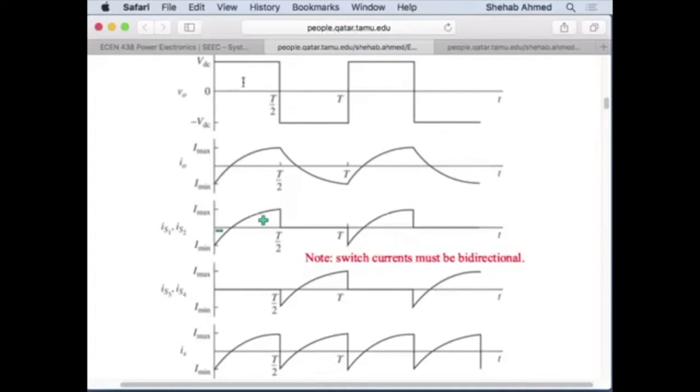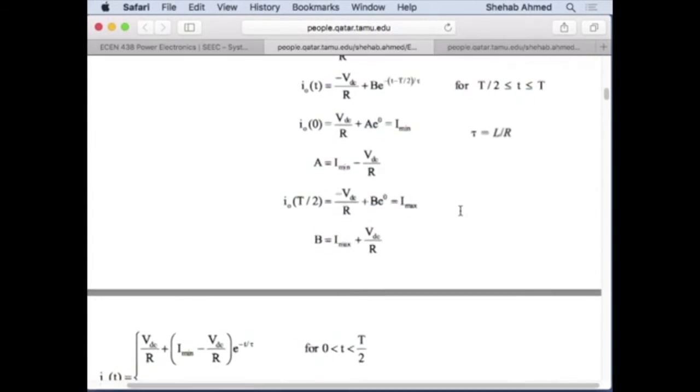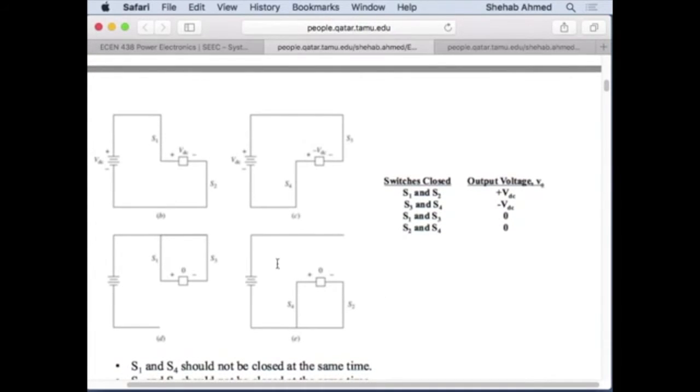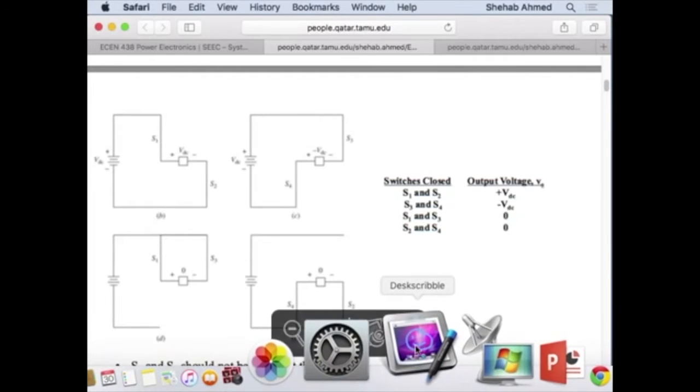For the dead time, you will have both switches off. So this switch will be off, and this switch will be off. So sorry, let's draw it.